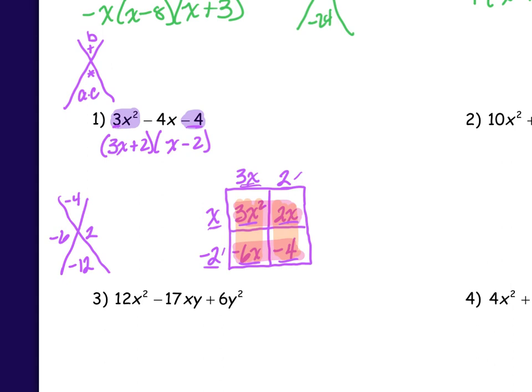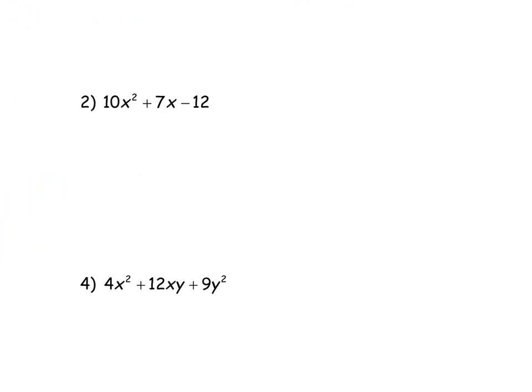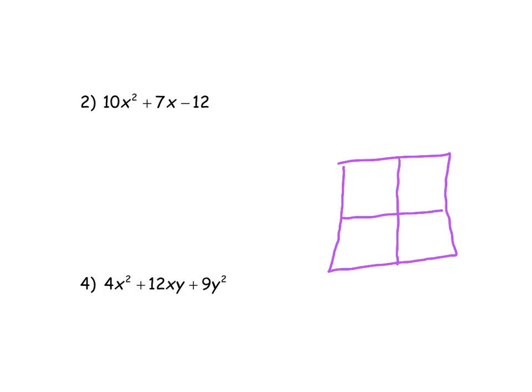Okay, here we go on the second one. So which number goes in my upper right corner? Upper right corner, yes, 10x squared. Good. And what goes in my lower left corner? Negative 12.